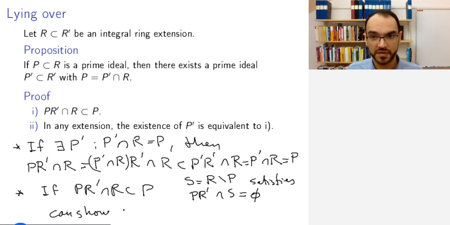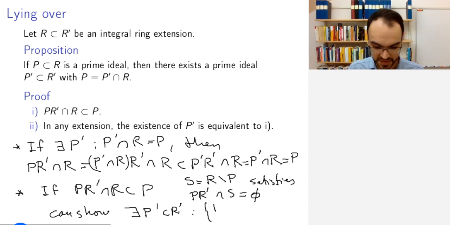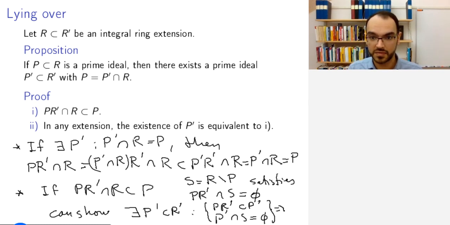And so therefore, this maximal ideal in the localization comes from something in R prime. So we can show that there exists some P prime in R prime satisfying the following two properties, that PR prime is inside P prime and that P prime intersect S is empty. And together, these two conditions can be worked together. I will leave the details to you to show that the intersection of P prime with R is just P.